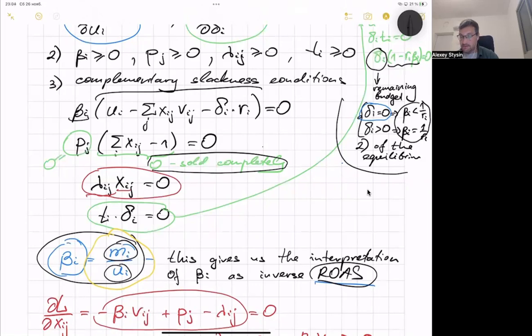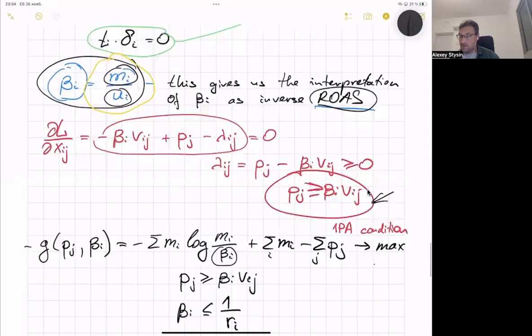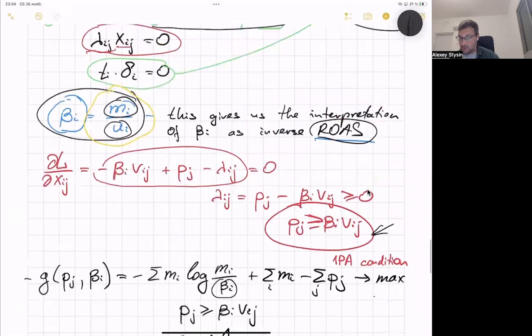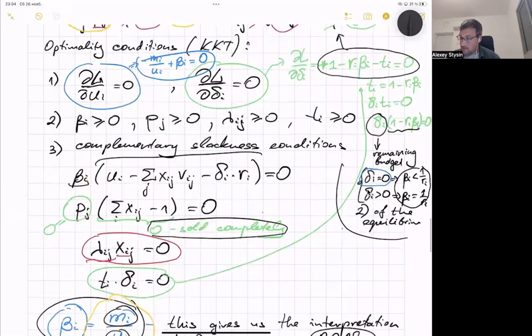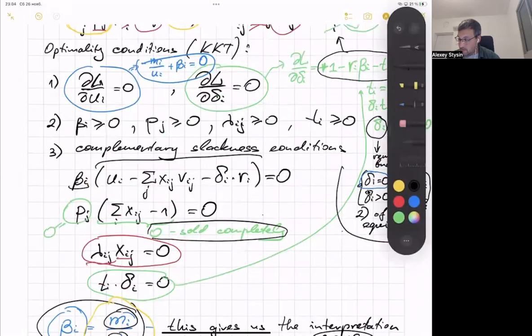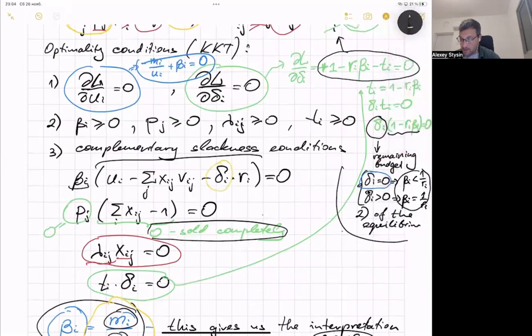So what remains is that we still need to show the interpretation for this delta. We need the interpretation for the delta, and let's see how we can come up with that one.